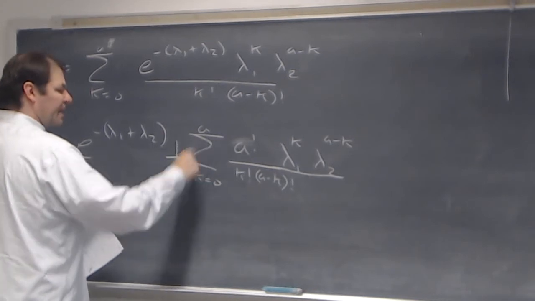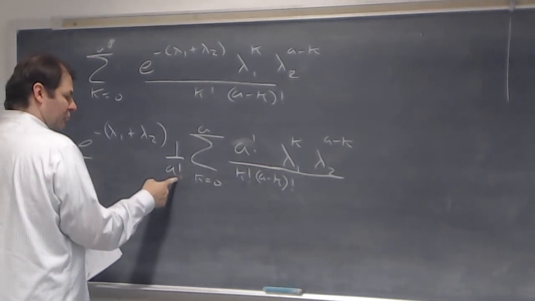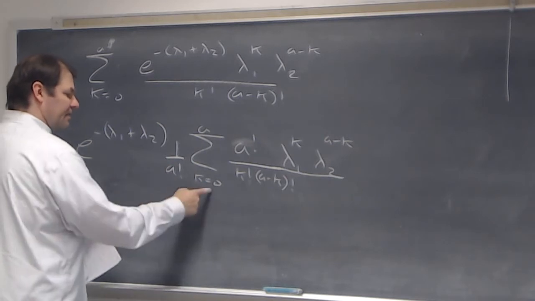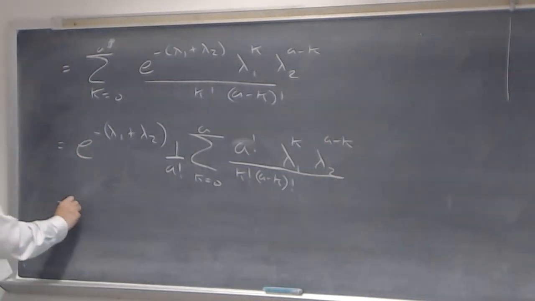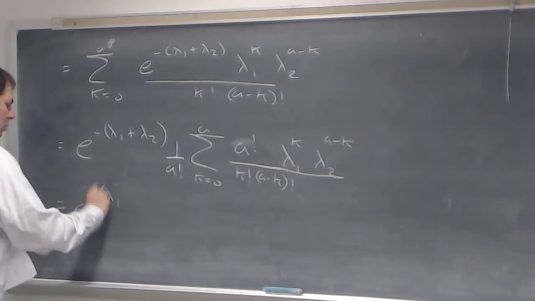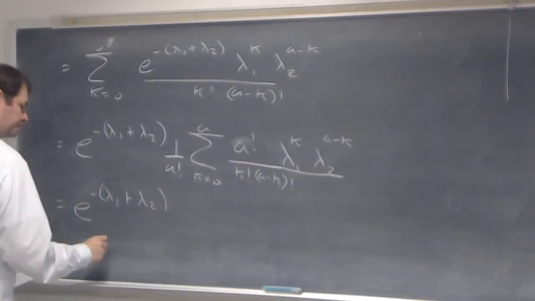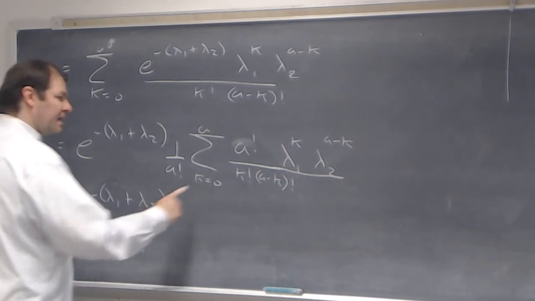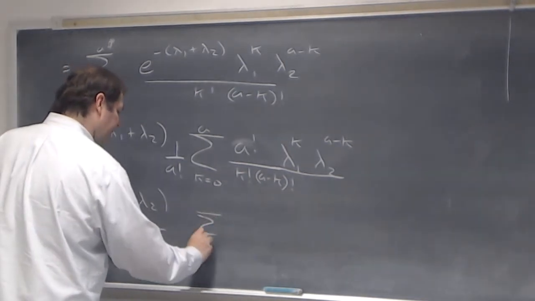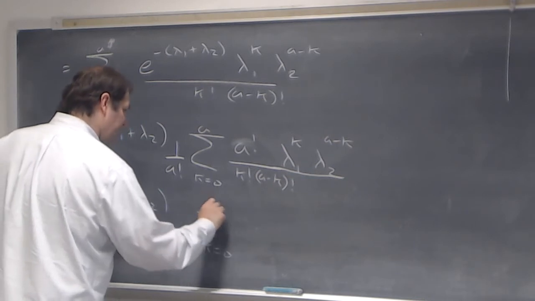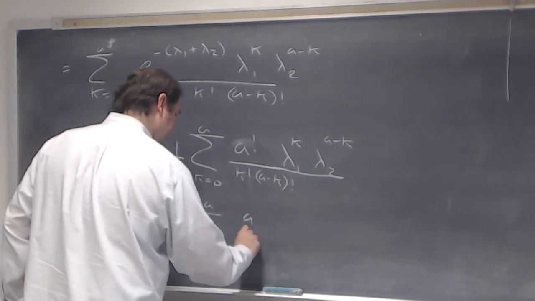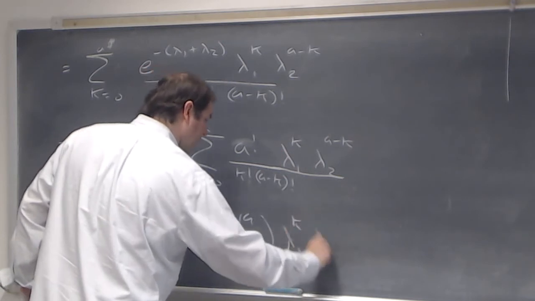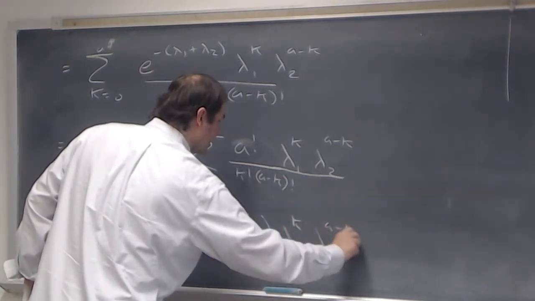But I can have an a factorial and 1 over a factorial inside and outside because that quantity doesn't depend on the index k. So this is e to the minus lambda 1 plus lambda 2 over a factorial, and here this is the sum as k runs from 0 to a of a choose k, lambda sub 1 to the k, lambda sub 2 to the a minus k.